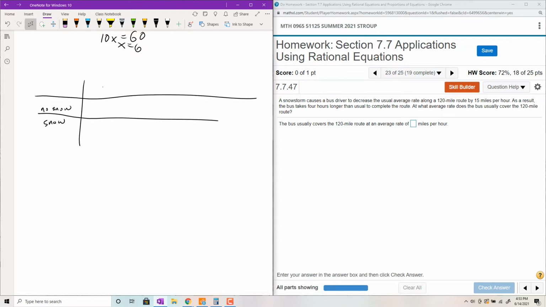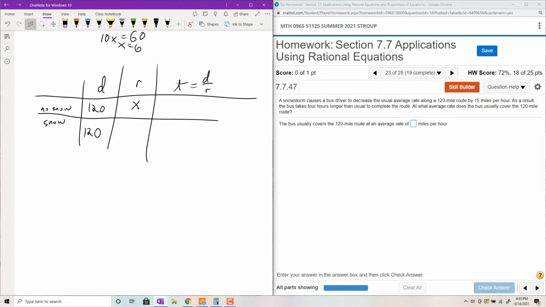And then we get our distance equals rate times time, where time is distance over rate. So it's a 120 mile route in both cases. The average rate with no snow, we don't know. At what average rate does the bus usually cover? We don't know.